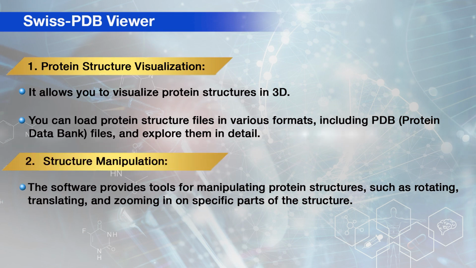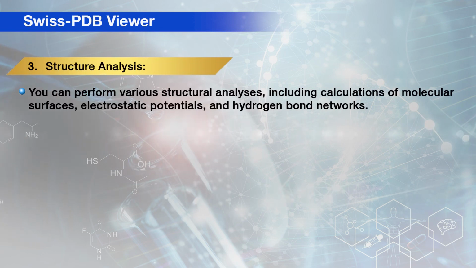The software provides tools for manipulating protein structures such as rotating, translating, and zooming in on specific parts of the structure. Third is structure analysis. You can perform various structural analyses including calculations of molecular surfaces, electrostatic potentials, and hydrogen bond networks.